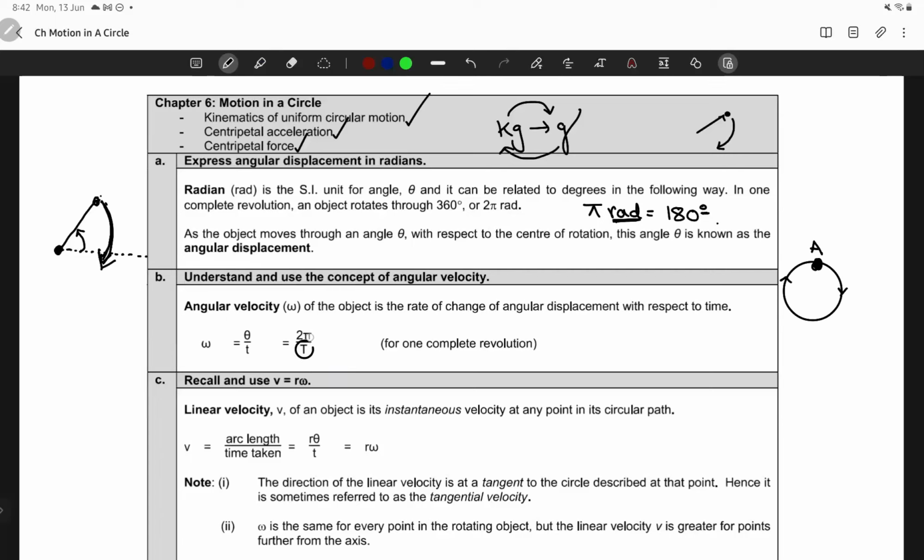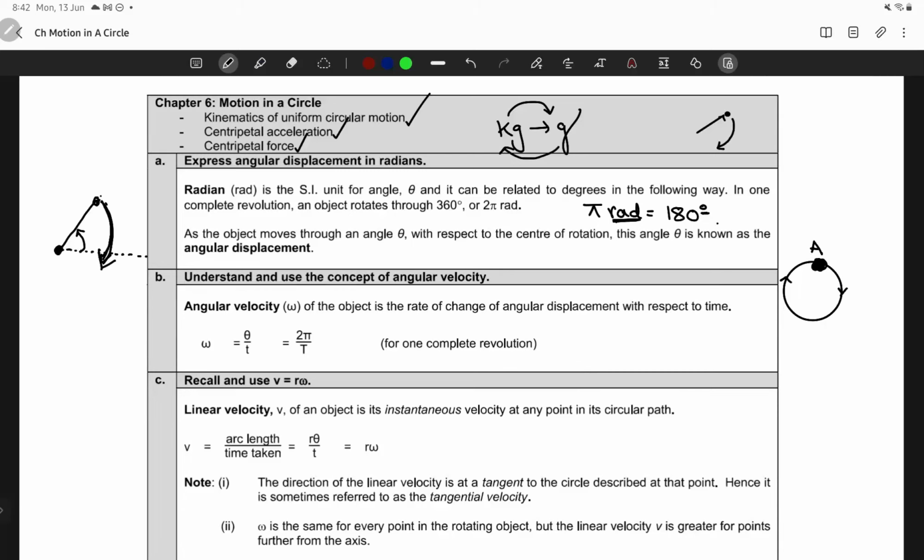The time period is basically defined as the time it takes for your body to complete one revolution, which was defined over here. So starting from one point and coming back to that point in a circle is defined as a complete revolution.